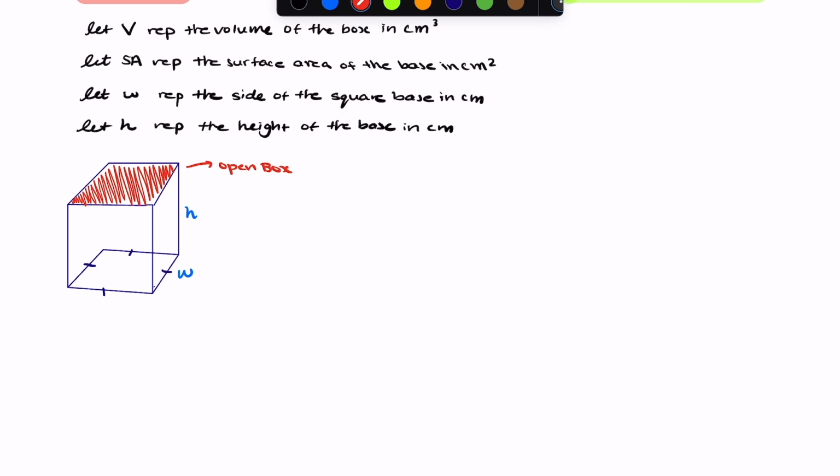Okay, so here, when we think about the volume, our volume is equal to the side squared, or in this situation, the width squared, W squared, times H. We're already given the surface area. Surface area is equal to 2,700 centimeters squared.